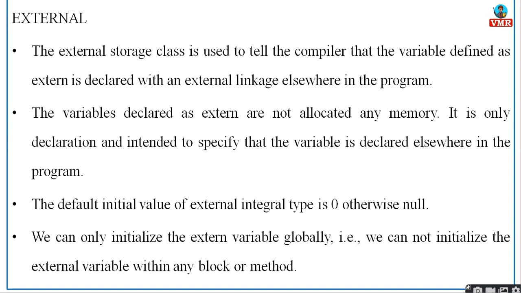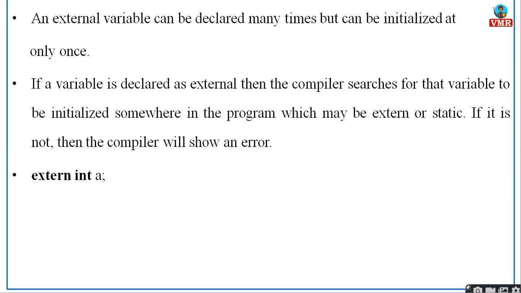The default initial value of an external integral type is 0, otherwise null. We can only initialize the external variable globally, that is, we cannot initialize it within any block or method. An external variable can be declared many times but can be initialized only once. So n number of times it can be declared, but only once can you give the value.